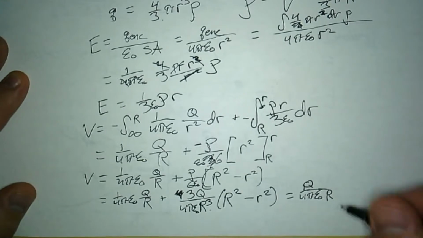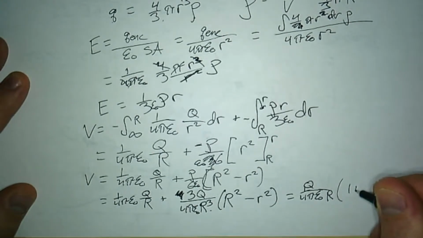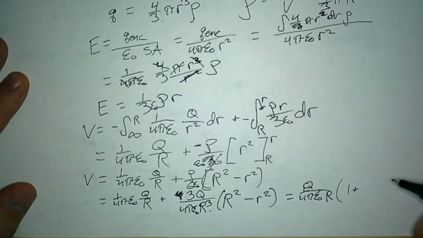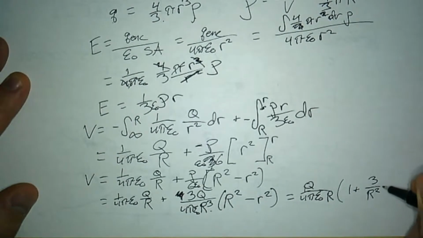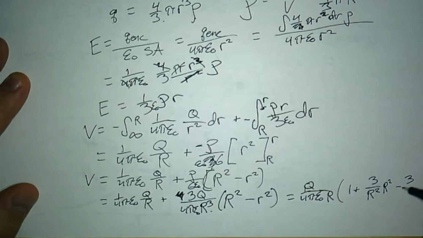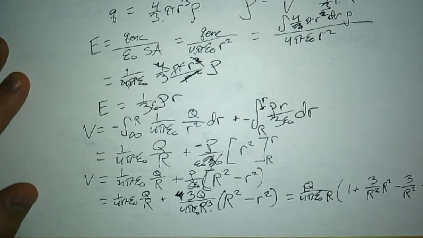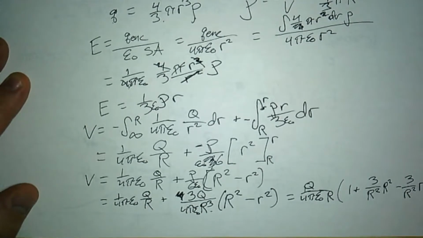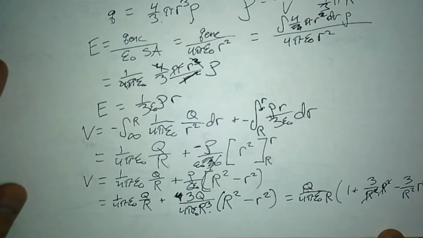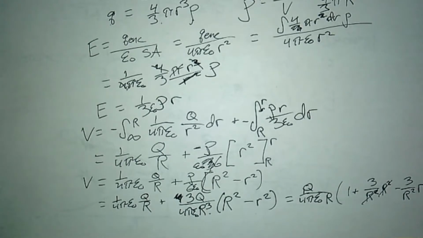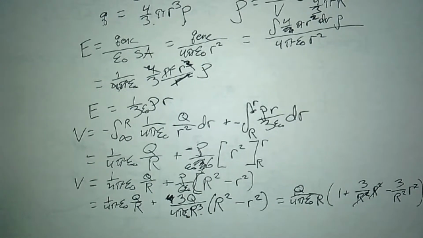So I'm going to factor out this whole term, so times 1 plus 3 over r squared times r squared minus 3 over r squared times r squared. So obviously those guys cancel, and we have our answer in one line once we simplify.